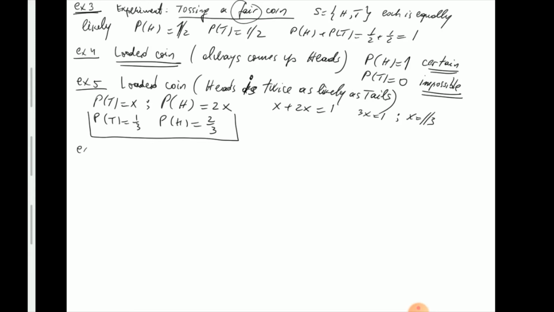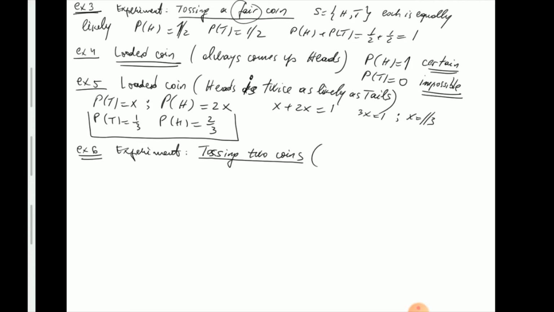So here's another example. This time, let's say you decide to toss 2 coins. So let's say the experiment is tossing 2 coins. Sometimes the problems are a little bit confusing in the sense that, do they mean I actually have two physical coins?